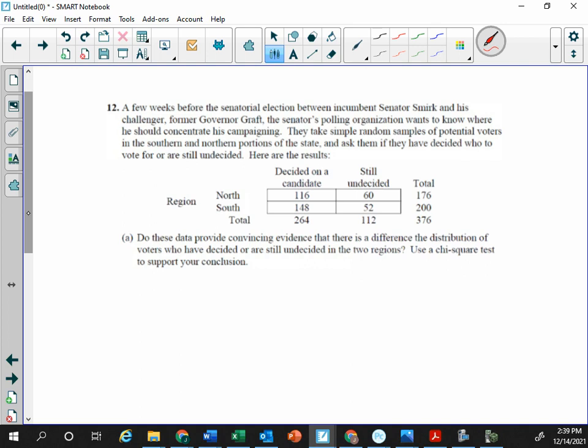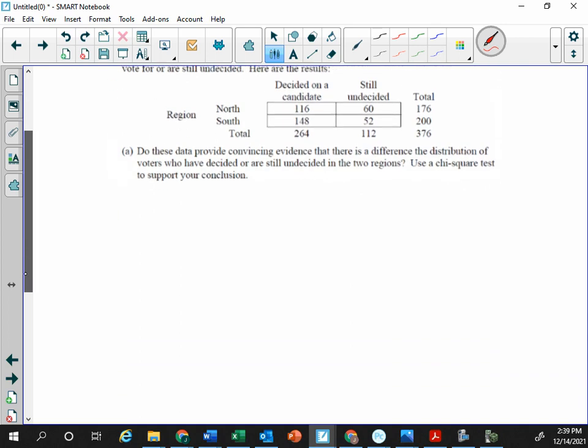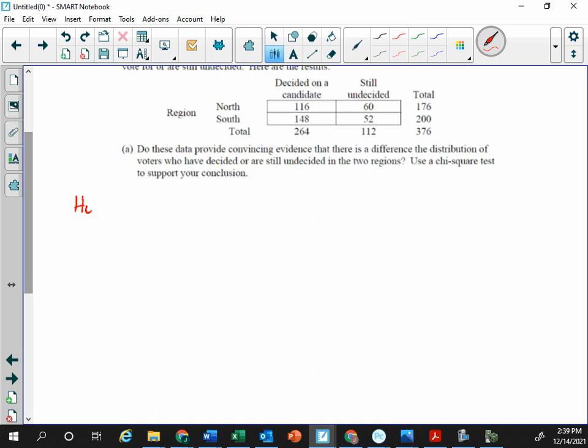All right, so let's write our null and our alternative. All right, so we're looking at the distribution. And I called it candidate decisions. You could call it something else.